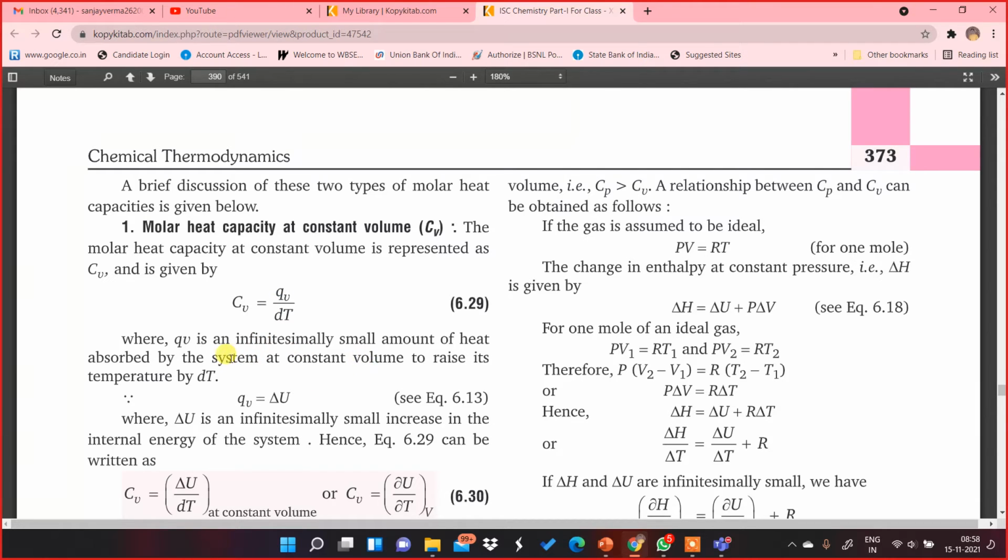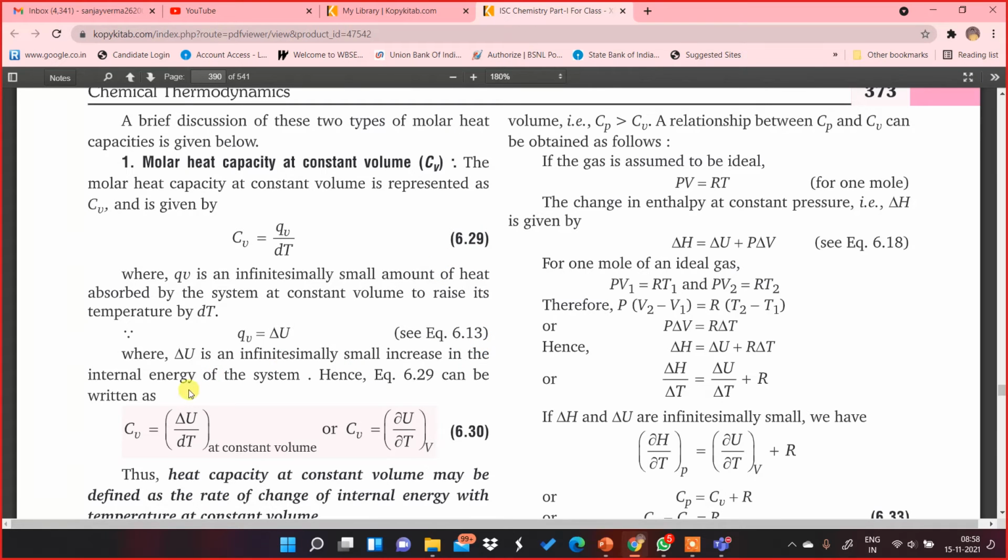Infinitesimally means very, very small, minute amounts, absorbed by the system at constant volume to raise its temperature by dT. Since QV is equal to the change in internal energy, dU is an infinitesimally small increase in the internal energy of the system. Hence, equation 6.29 can be written in another form.